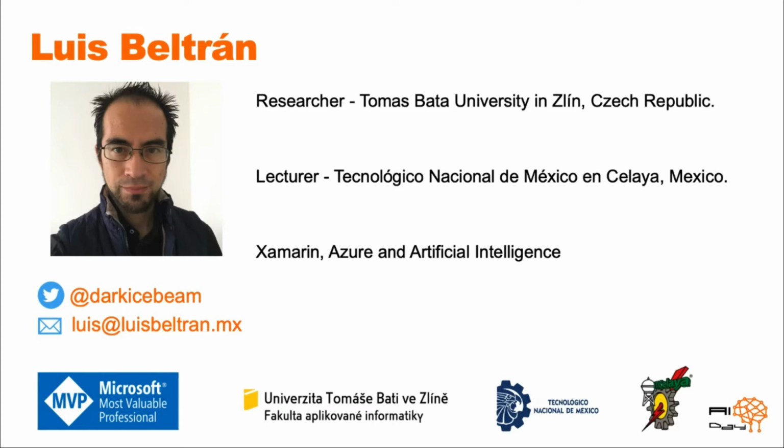My research area is about artificial intelligence, focusing on face recognition and emotion detection with deep learning, actually. So we use a lot of convolutional neural networks, TensorFlow, and some other technologies that we use every day.